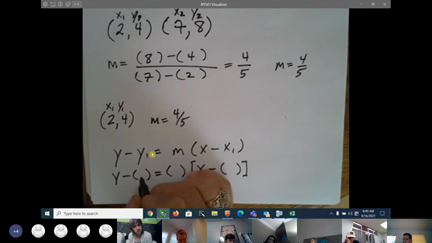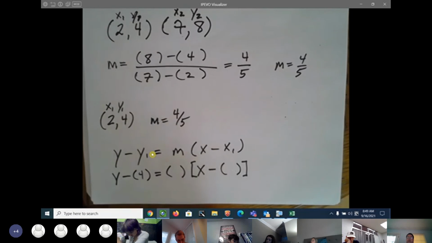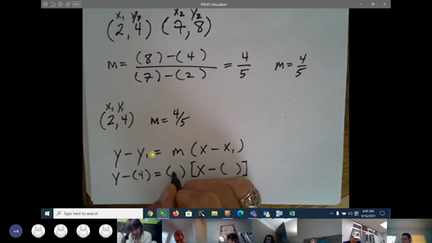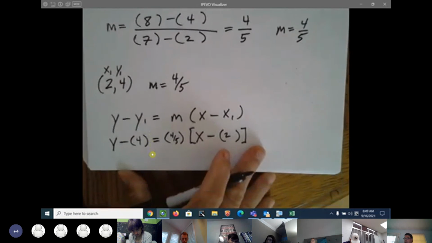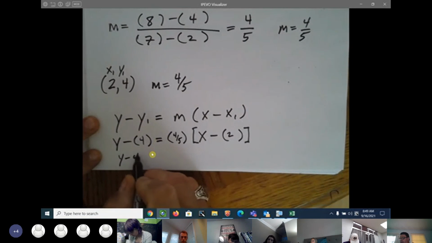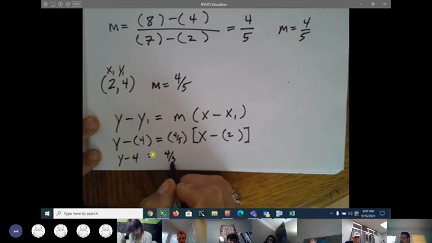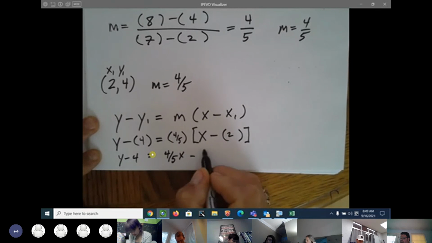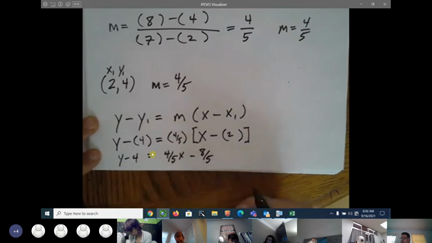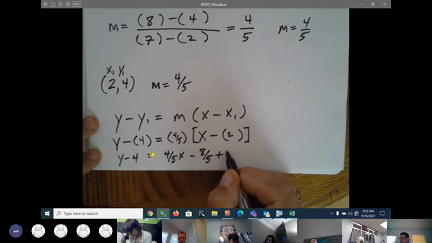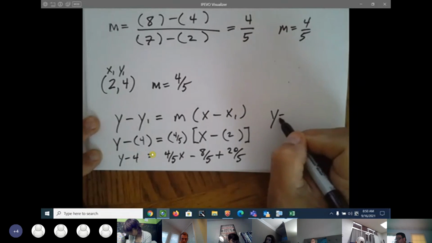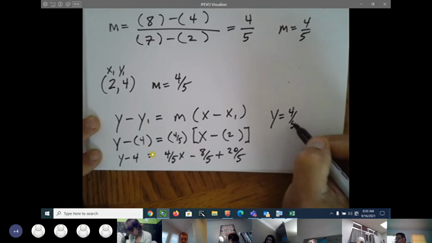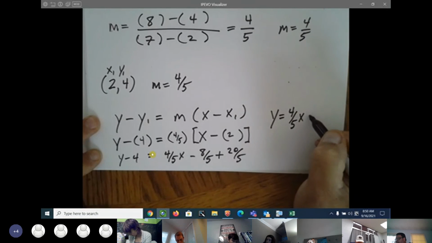So y minus 4 is equal to 4/5 times x minus 2. y minus 4 is equal to 4/5 x minus 8/5. Bring the 4 over, and y is equal to 4/5 x plus 12/5.